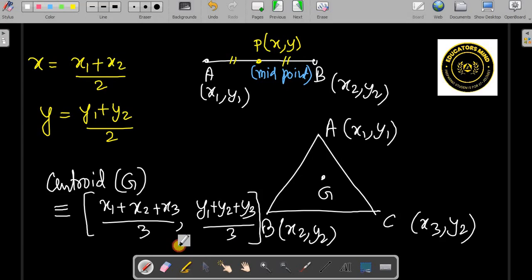This is how we will calculate the x and y coordinates. These are some of the basic pieces of information which can be used in the calculation.